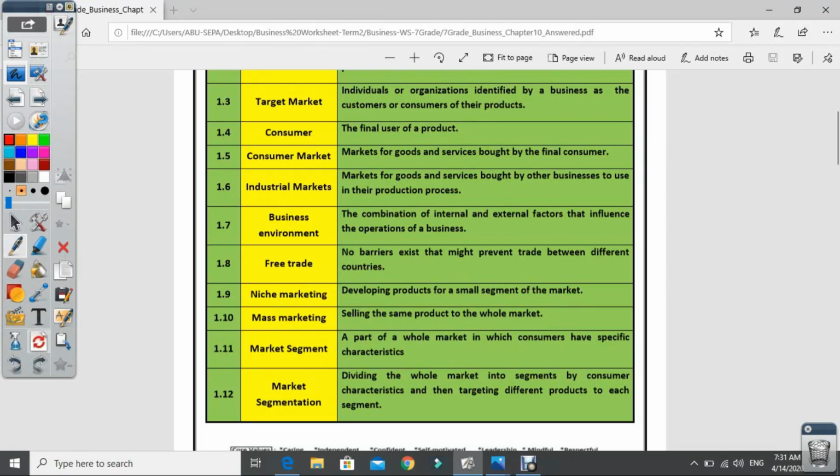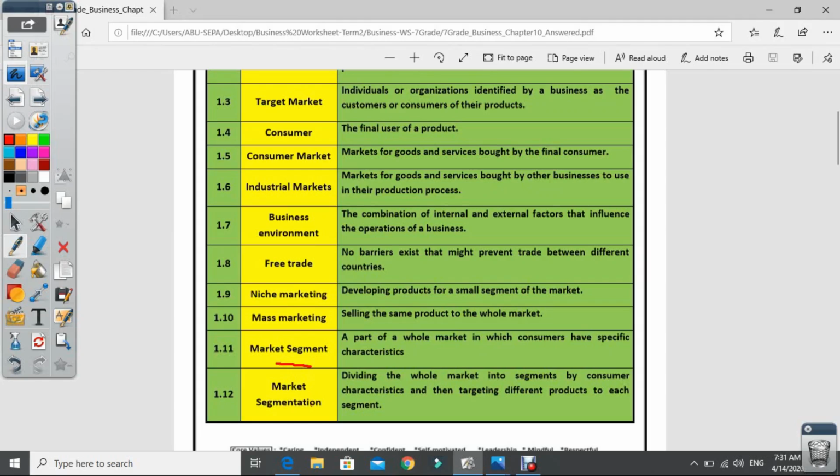Okay. Finally, let's have the last definition, which is called market segmentation, how to divide the market. Market segmentation is on page 148.